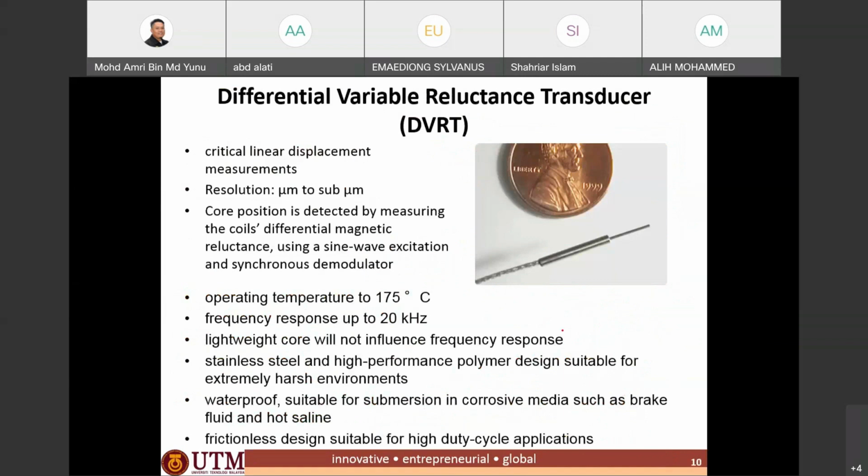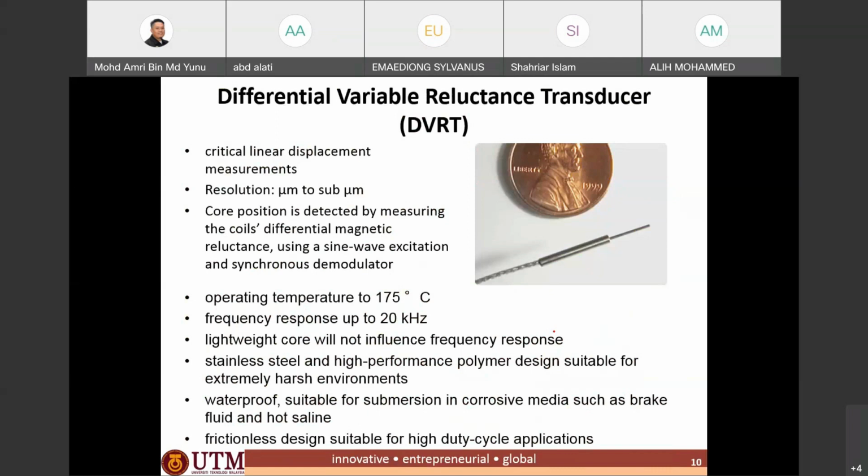Okay, so there's another variation of LVDT. It's called the differential variable reluctance transducer. It is for critical linear displacement measurement, and the resolution is up to micrometer and can go down to sub-micrometer.